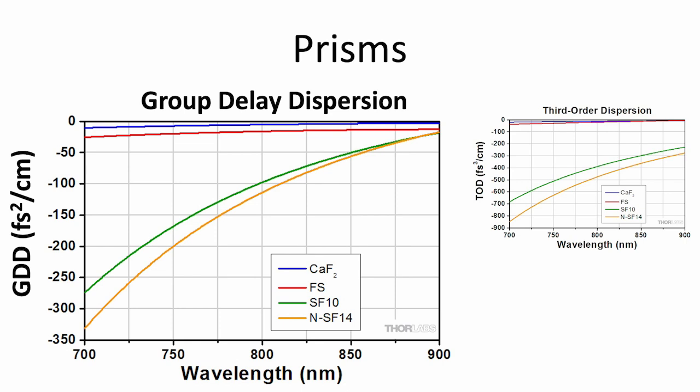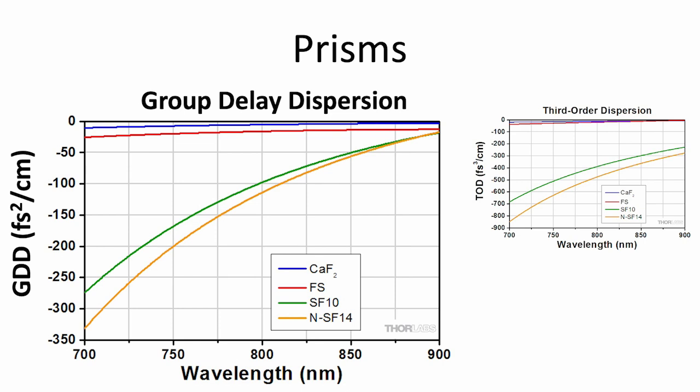So with prisms, you can see it depends on the material. You see here in blue is calcium fluoride, red is fused silica, and the other two are just dense flint glasses. These are prisms. And you can see that depending on the distance between prisms, you get, let's say, 100 femtosecond square per centimeter.